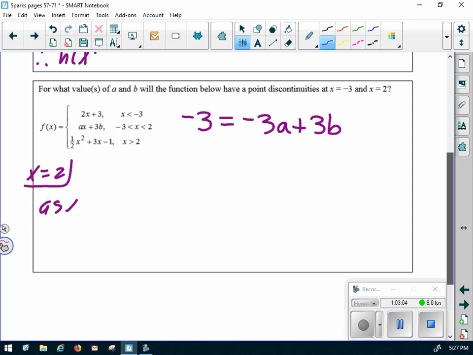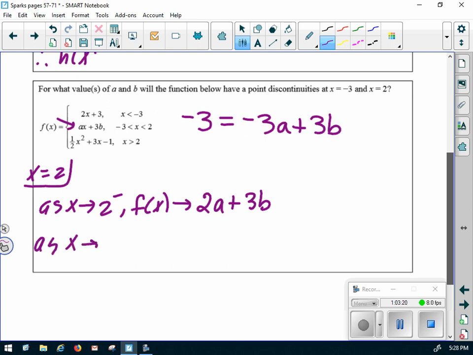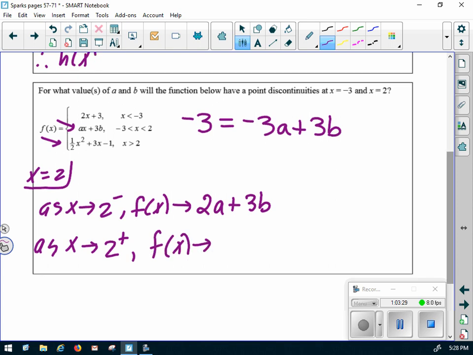As x approaches 2 from the left, f of x approaches, 2 from the left is going to be this one. That's going to be 2a plus 3b. As x approaches 2 from the right, I have to use this one. f of x approaches, let's see, that's 1/2 of 2 squared, so half of 4 is 2. 2 plus 6 minus 1, I believe that's 7.